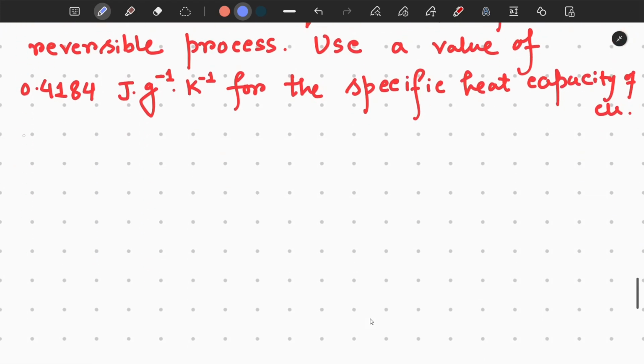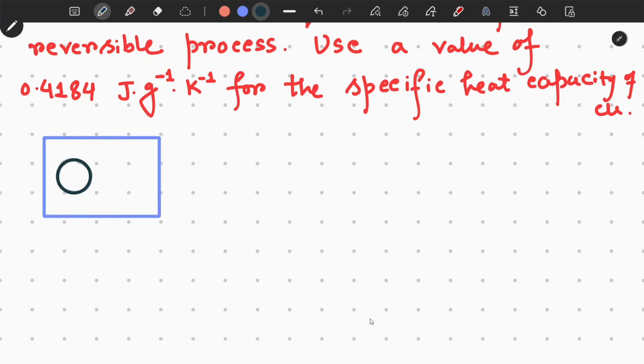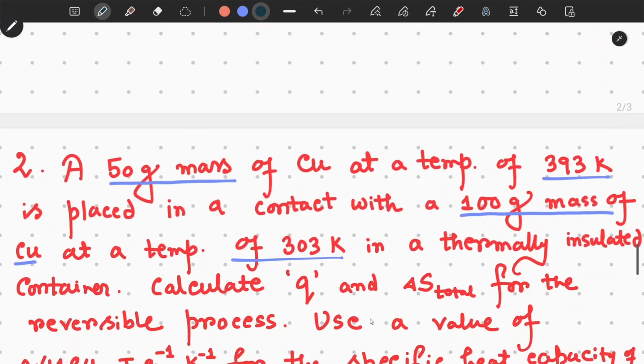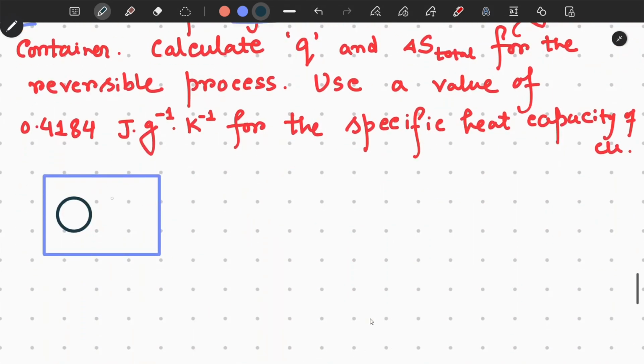So let me draw a thermally insulated container, and there are two copper blocks. One has a mass of 150 gram, another has a mass of 100 gram.